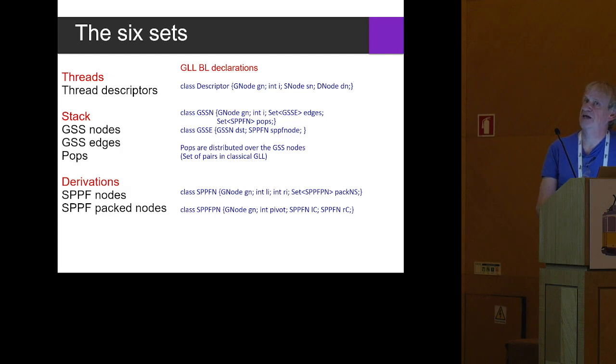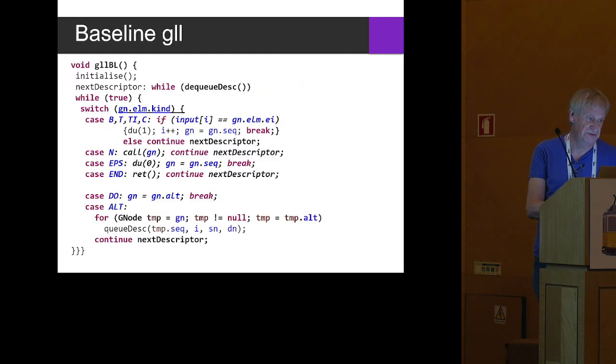The pop set, as it's presented in our classical papers, is distributed over the GSS nodes. In classical GLL, we had a single pop set with a set of pairs, and then the derivations are handled with shared packed parse forest and packed nodes. All the details are in the paper.